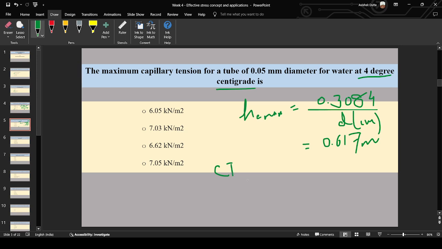Capillary tension maximum equals HC max into gamma W. I should have told you, but anyway, the gamma W value here we should consider as 9.81. So 0.617 into 9.81 gives a value of approximately 6.05.